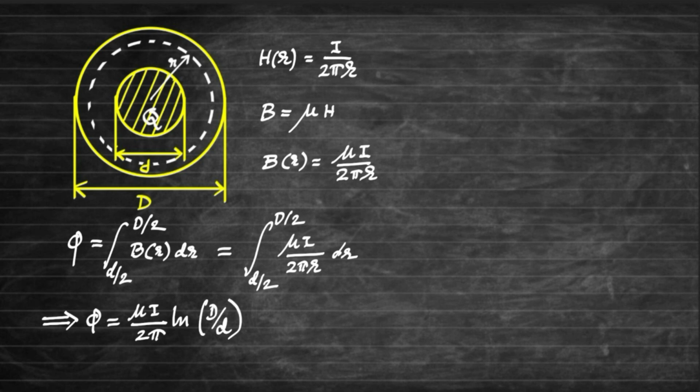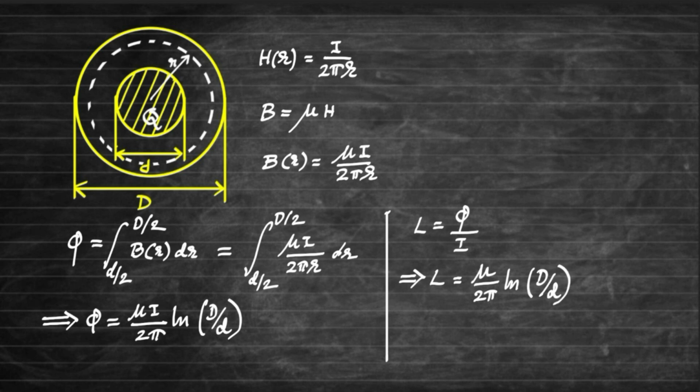Now we know that the inductance can be written as L equals phi by capital I. So we can write L equals mu divided by 2 pi into natural logarithm of capital D by small d.